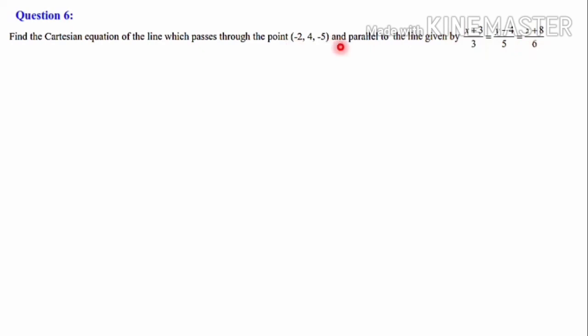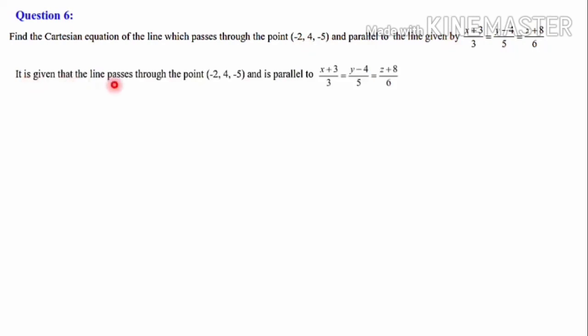From here easily we will get the direction ratios of the parallel vector. So one point and a parallel vector, that is the point parallel form. Here it is given that the line passes through the point -2, 4, -5 and is parallel to this line x plus 3 by 3 equal to y minus 4 by 5 equal to z plus 8 by 6. So this one is x minus x1 by a, y minus y1 by b, z minus z1 by c.